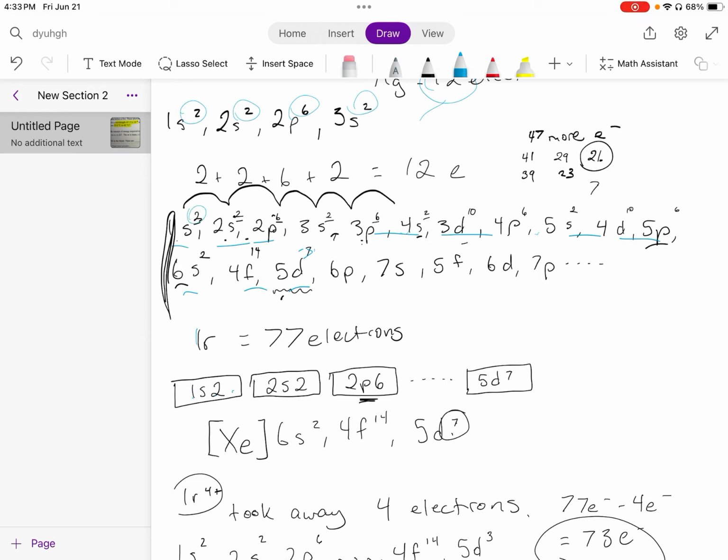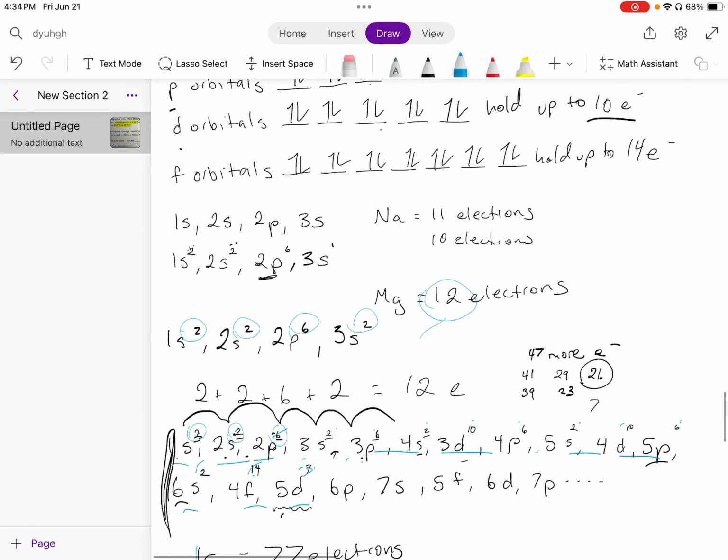Let me just count out loud: 2, 4, 10, 12, 18, 20, 30, 36, 38, 48, 48 plus 6, that's 54, 56, 77. There we go. And the order of the letters matters.